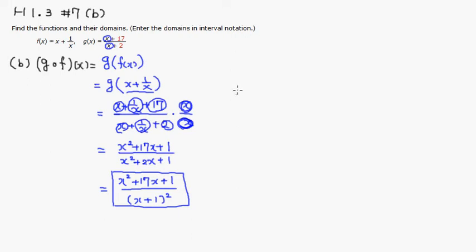All right, then the next thing we need to do is find the domain of g of f. So we have to find the domain of f and the domain of g separately first. Domain of f: the only bad number would be having a 0 on the bottom, so everything other than 0. It's all real numbers except for 0.